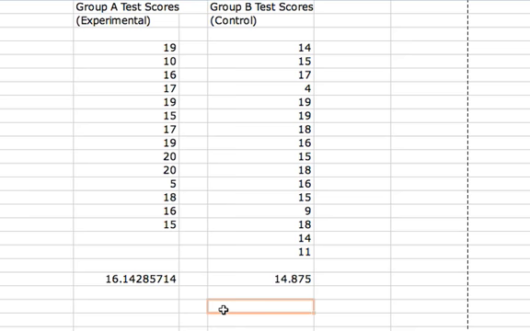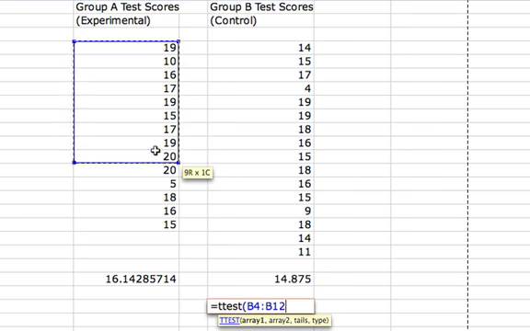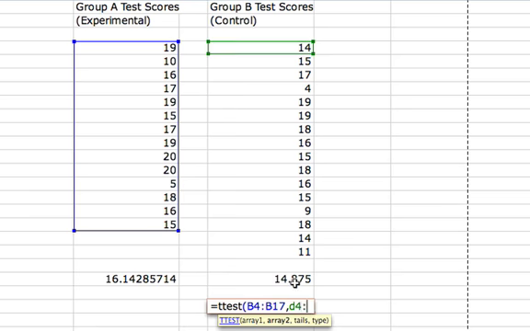Okay, here what we're going to do is we're going to do a t-test between our experimental condition, so that's B4 to B17, comma, and now it's D4 to D19.